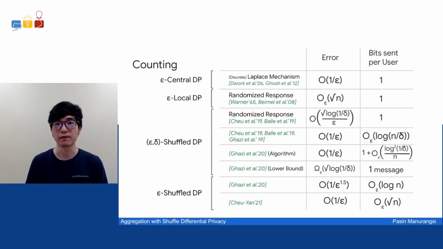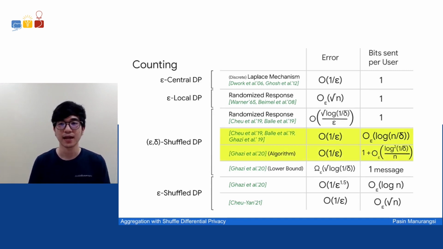Specifically, to get an error of 1 over epsilon, the current best algorithm has to send roughly square root n bits per user, which obviously is much larger than some polylog or 1 plus little o of 1. And they are also more complicated, so I will not go into too much detail about these two works in this talk. Instead, I will focus on the two algorithms that I mentioned earlier that have the same error as in the central model, but with delta greater than 0.